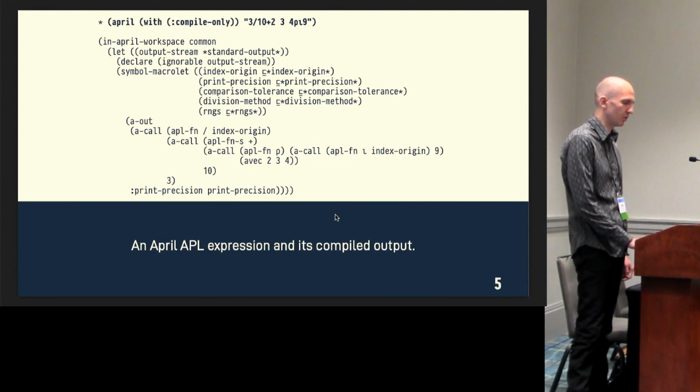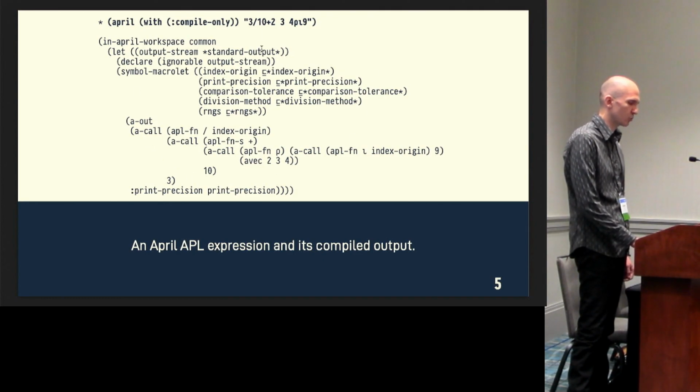Here's an example of APL code and its compiled equivalent. This is passing the compile only option, and this APL code transforms into this. The actual working part of this starts with this A call. You can see how this is the slash, the row iota is here.